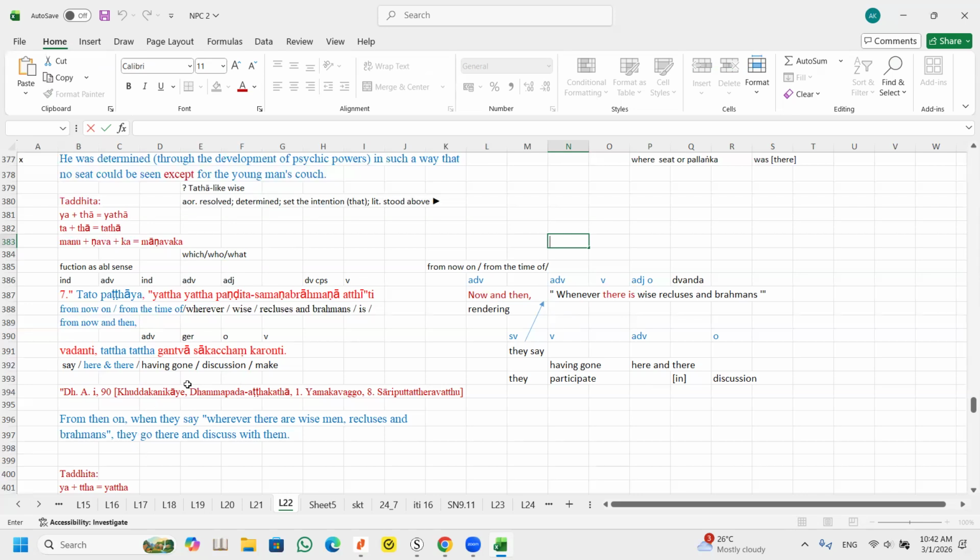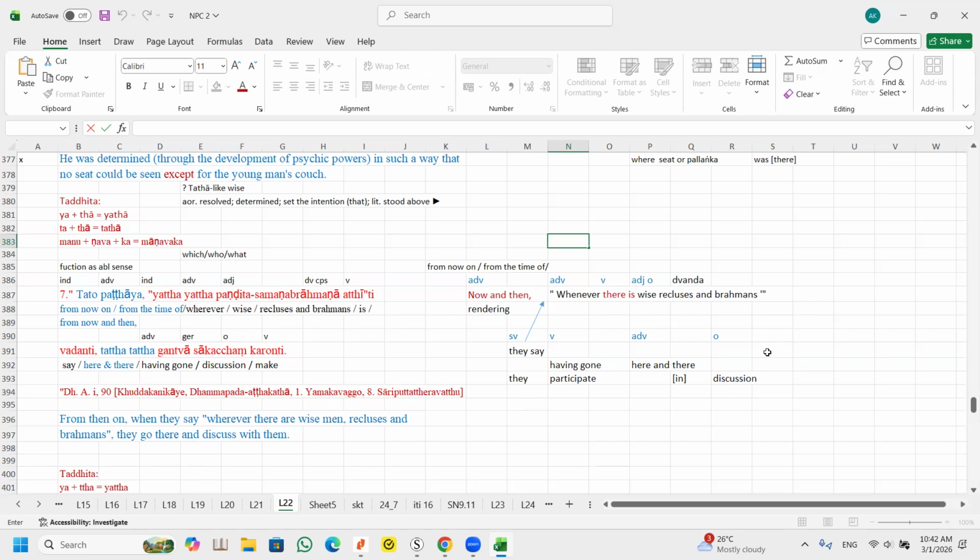Okay, now after that, tata. Can you see, tata means there and there. Technically it's there and there. When combined, it becomes here and there. So we take this, gantva, meaning having gone here and there. It cannot be everywhere. But in Pali, tata means here and there. Sabbata is everywhere.